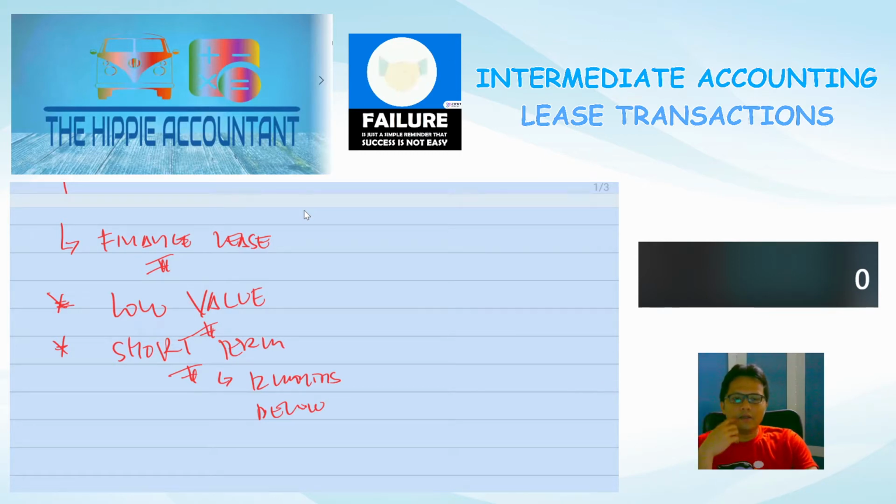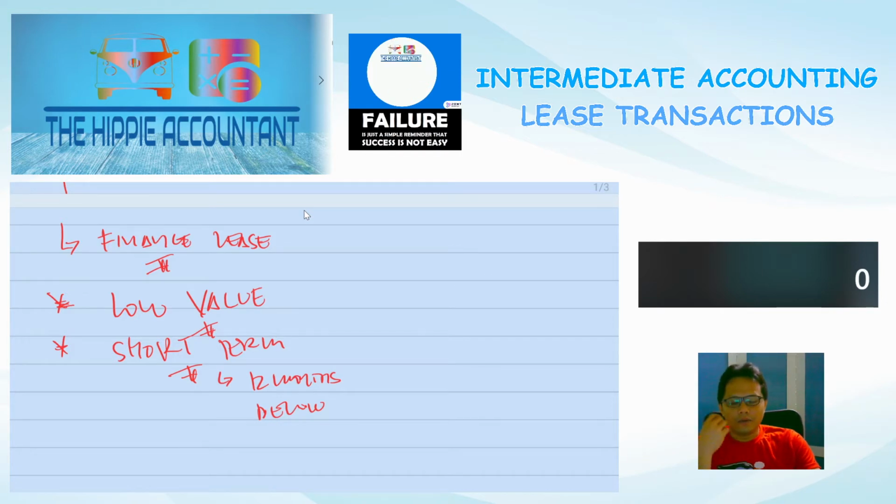Under the standard, the statement is, under the lessee, if we are the lessee, all lease transactions is a finance lease. However, we are given the option, option lang.